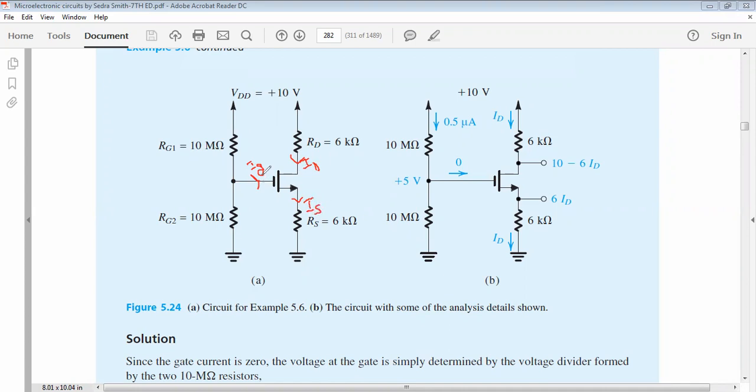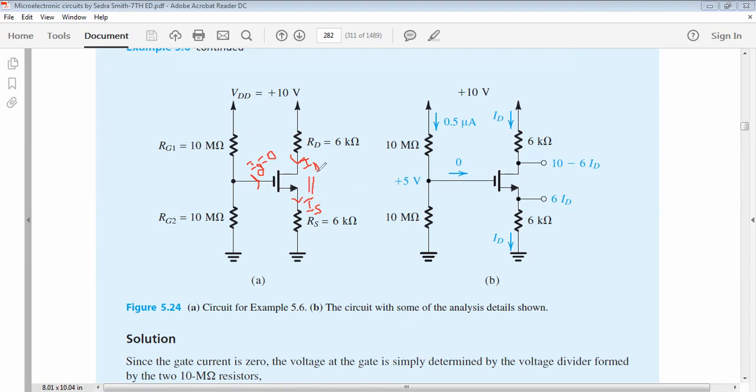Okay, in MOSFET we know that IG is equal to 0. Why? Because the gate terminal is not directly connected to the channel. These two are separated by insulator. That's why gate current is equal to 0. And the remaining two are the same, ID is equal to IS. So the only thing is to find the ID current.